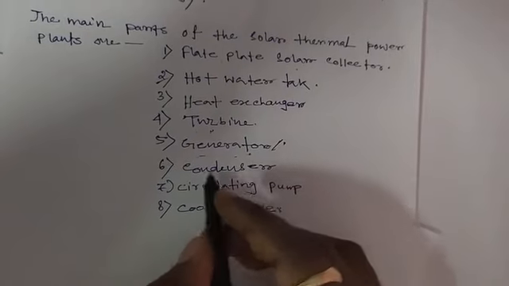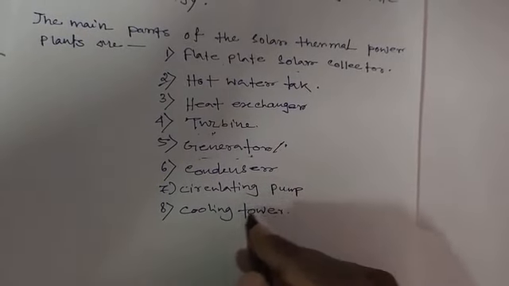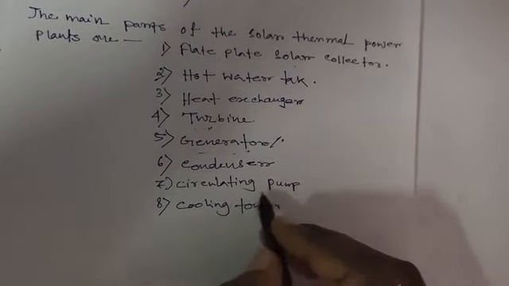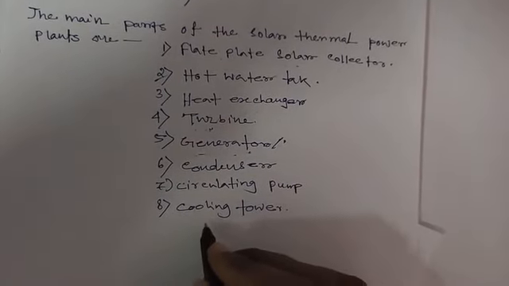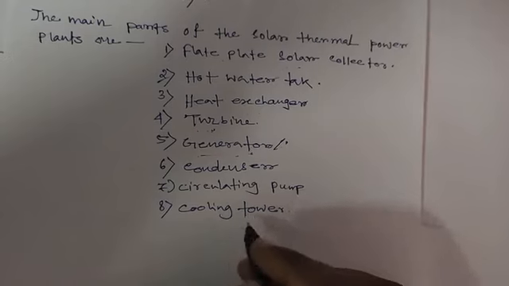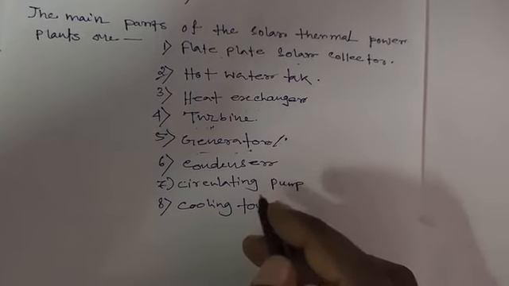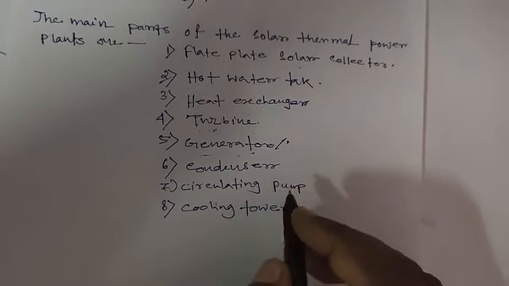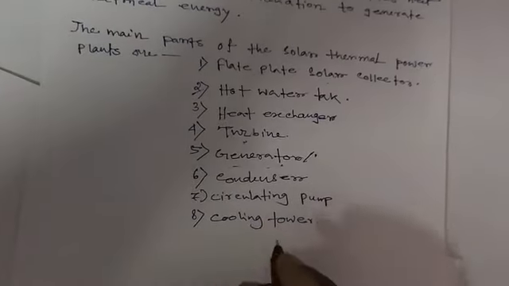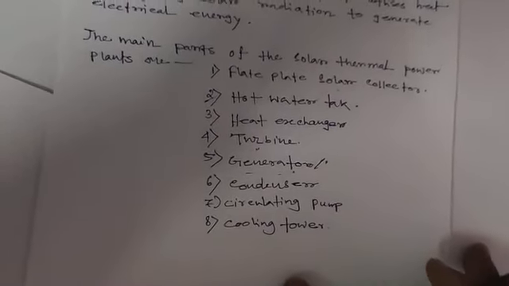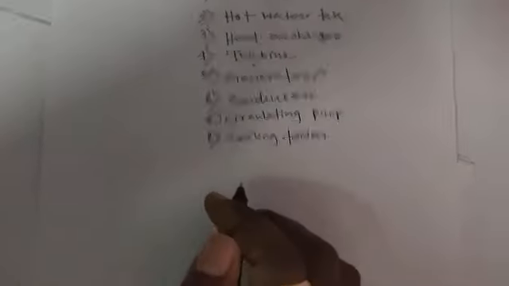Then we use the condenser and circulating pump. Two or three or more circulating pumps are used in this power plant. The cooling tower is also used for system cooling purposes. Then I will draw the block diagram and simple layout diagram of the solar thermal power plant.